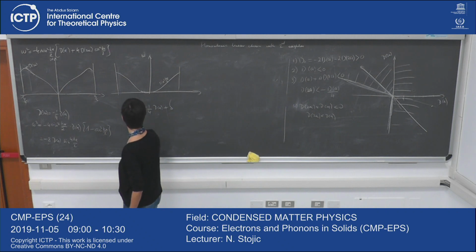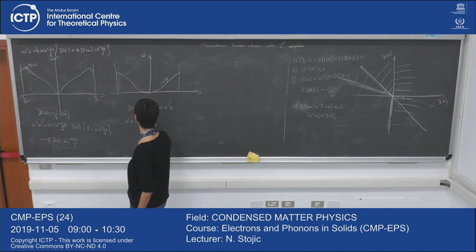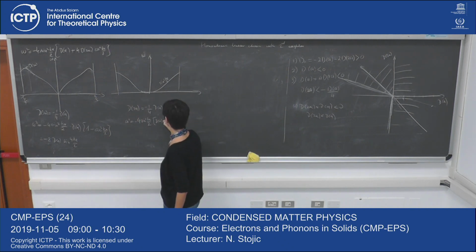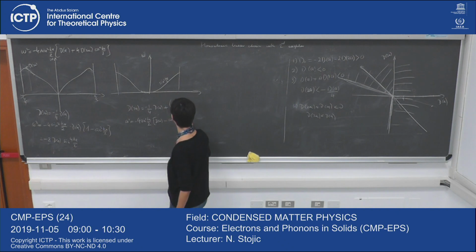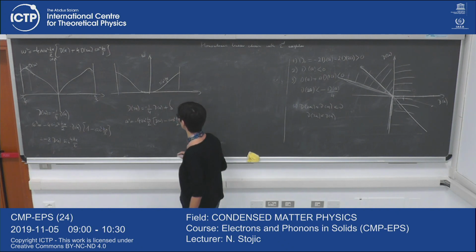So the frequency is equal minus 4 sine square k a half d of a times 1 minus cosine square k a half, plus d times 4 cosine square k a half. We need d of a in the first cosine. Yes, in the first cosine.